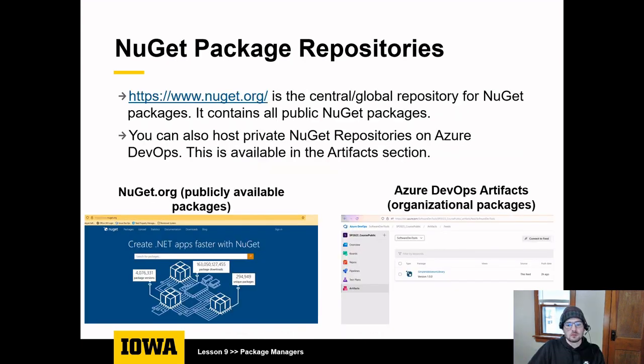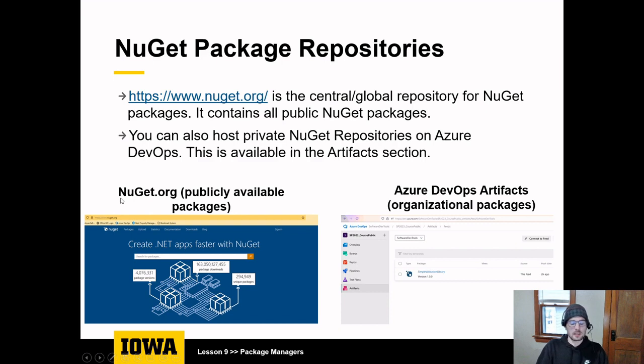Okay, so let's talk more about NuGet. NuGet is an underlying tool or technology used for getting packages from potentially different locations. The main place that you'll get NuGet packages or third-party libraries is from NuGet.org.